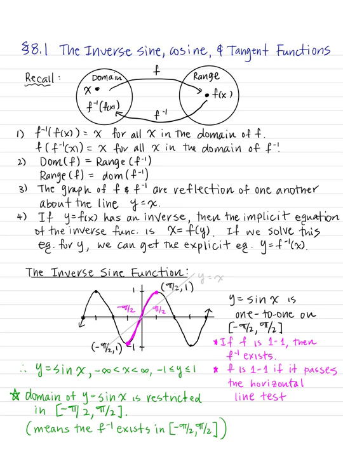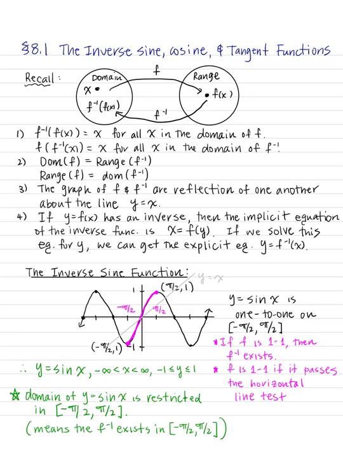So let's look at the inverse sine function. I drew the graph of sine of x, and notice that it is one-to-one on the interval from negative pi over 2 to pi over 2. Of course, it is also one-to-one from pi over 2 to 3 pi over 2, but we're going to take the piece of the graph that's closest to the origin.